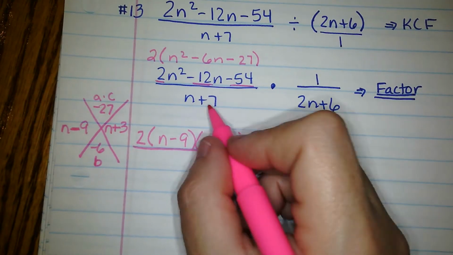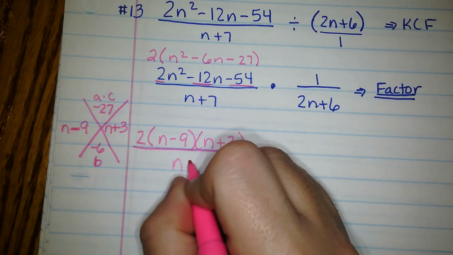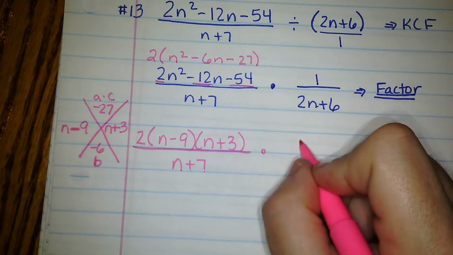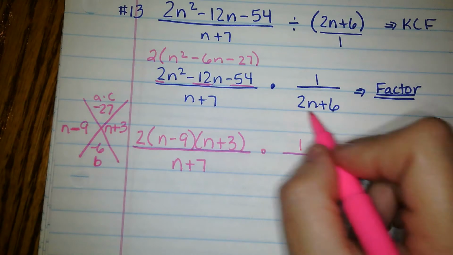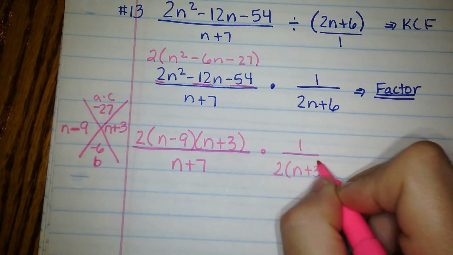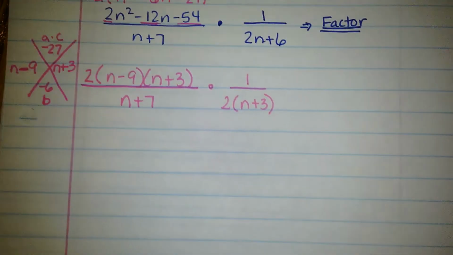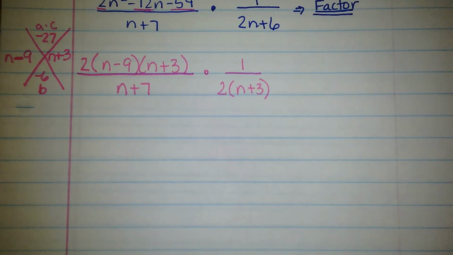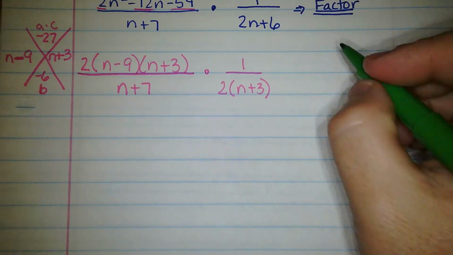And then n plus 7 does not factor, does not have a GCF. 1 is a single, cannot factor. And this guy has a GCF of 2. That's an easy peasy one. All right, there we are. We're all factored. This one was a pain in the neck to do, but I still wanted you to see it. Now we need to stop and do exclusions.